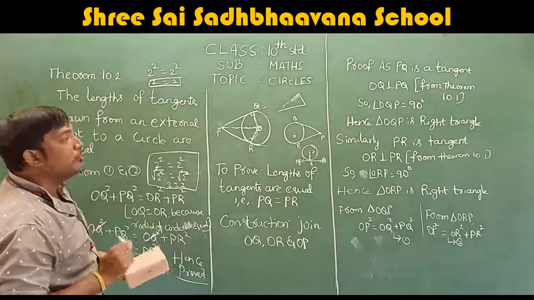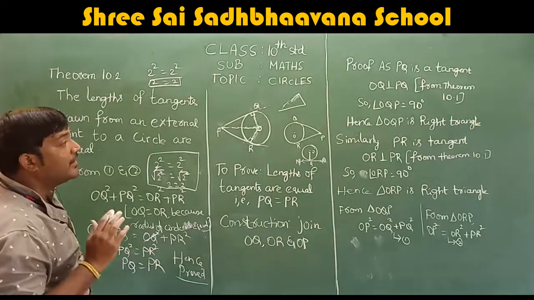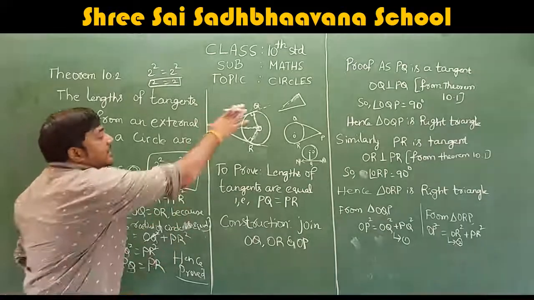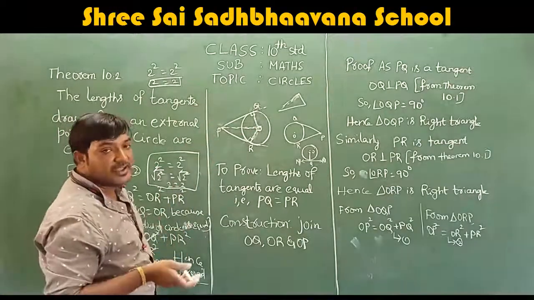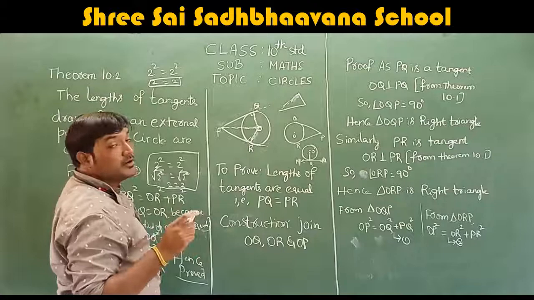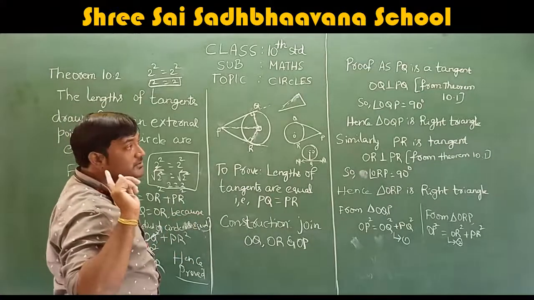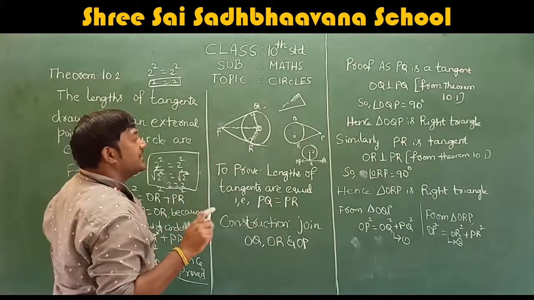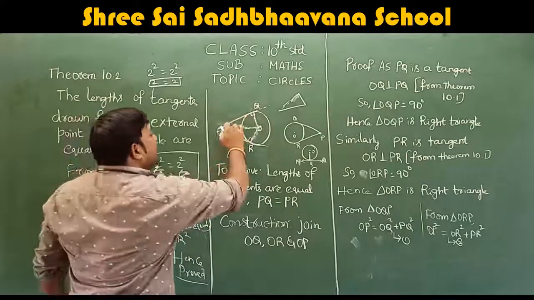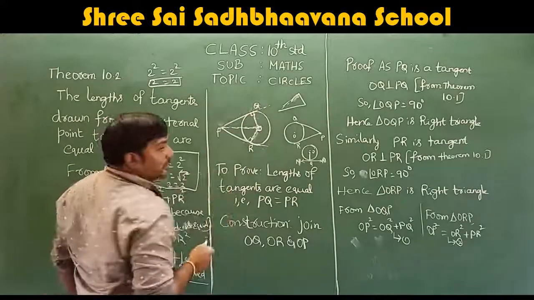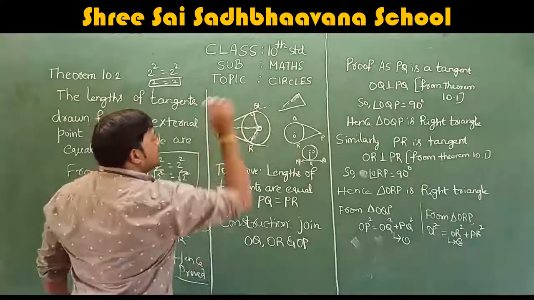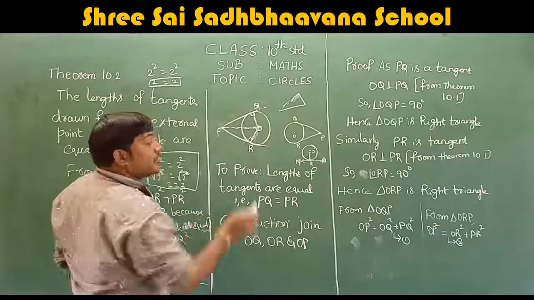So now proof. What is proof? We already know that PQ is a tangent. If PQ is a tangent, from theorem 10.1, which we discussed in the last video, always if any tangent is drawn to a circle, for example, here PQ is a tangent drawn on the circle, what is the point of contact?